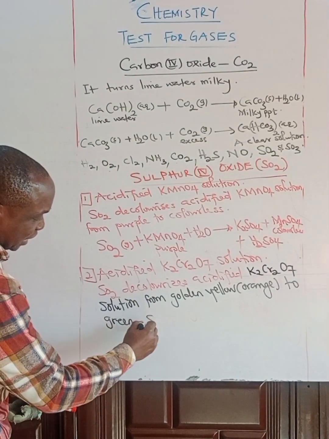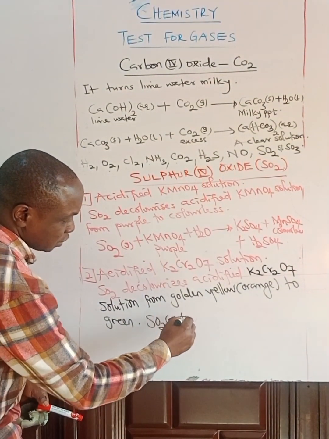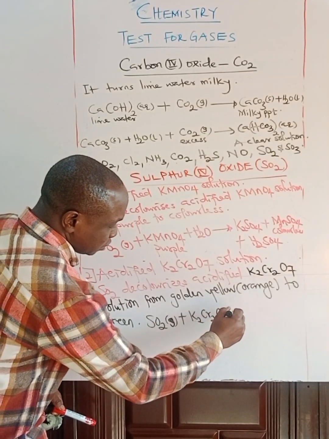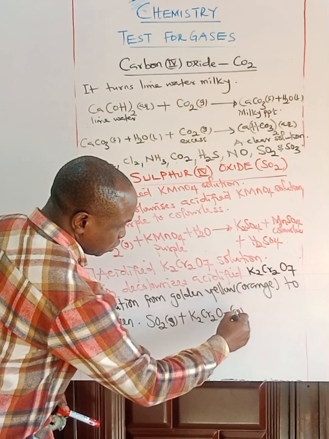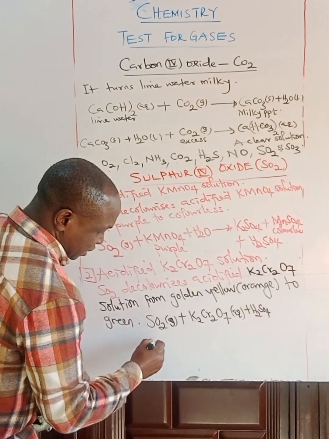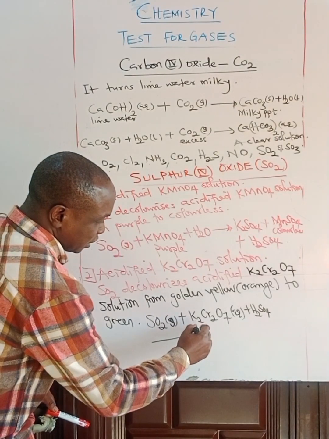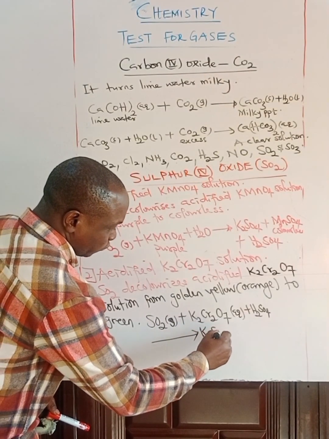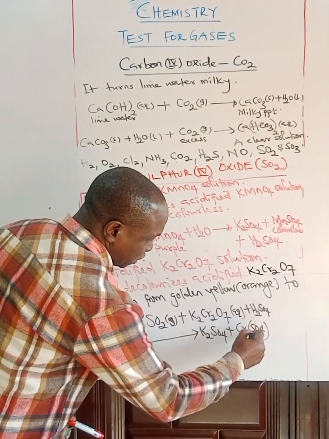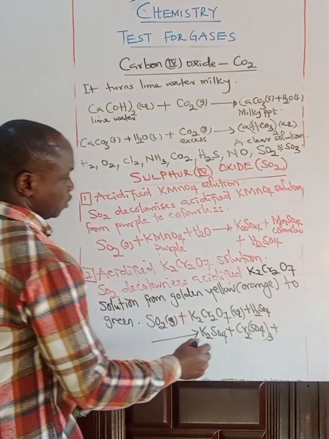What is the equation? We have SO2 gas plus K2Cr2O7 solution plus H2SO4 to acidify it. It forms K2SO4 plus chromium(III) sulfate plus water.